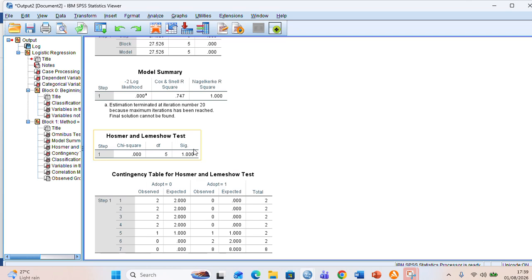So we were talking about the model, and the model indicates the logistic regression model fits the observed data exceptionally well. And when we were in the omnibus test, it helps to test whether the logistic regression model containing the predictor variables fits the data significantly better than the model with no predictors.